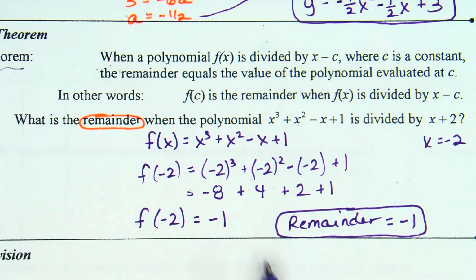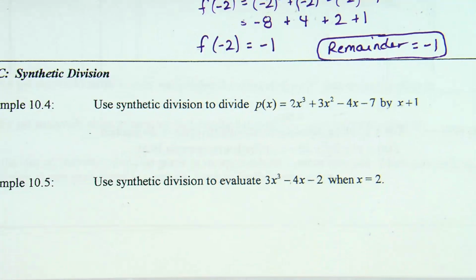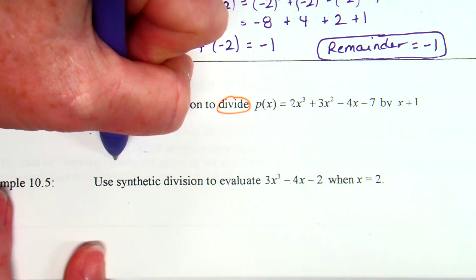Speaking of synthetic division, we reviewed this briefly at some other point, didn't we? Like back in lesson 1 or something, it came up. So, use synthetic division to divide p of x by x plus 1. Officially, it says we're dividing. What goes in my box?